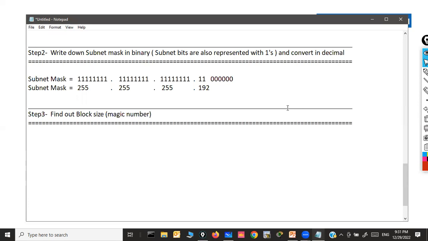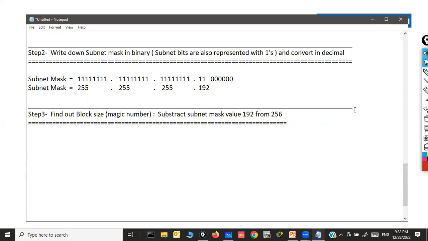So basically, subtract the subnet mask value, here 192, from 256. So whatever subnet mask value comes here, this value needs to be subtracted from 256. Later on, I will explain the reason, but this is the shortcut method and the best method, easy to remember. And we also use the same method in doing subnetting.